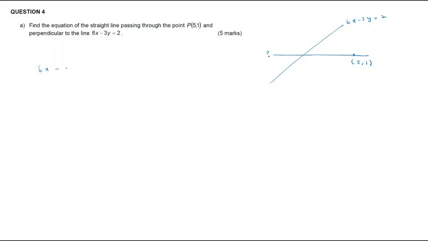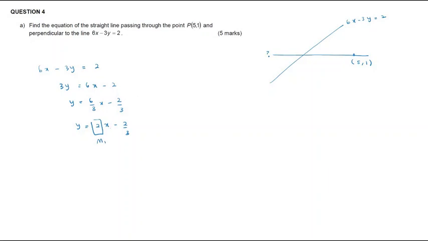Six x minus 3y equal to... so 3y equal 6x minus 2, y equal 6 over 3 x minus 2 over 3, simplify, y equal 2x minus 2 over 3. So 2 here is m1.